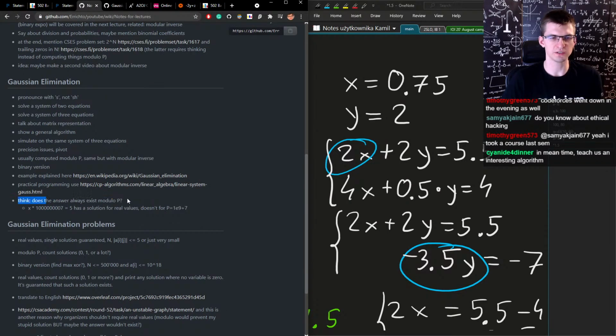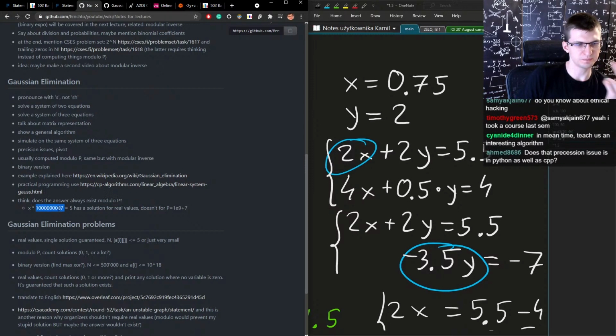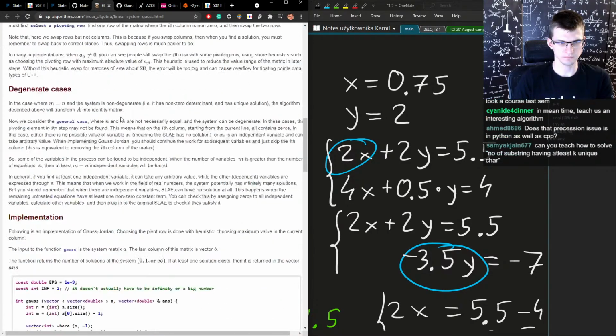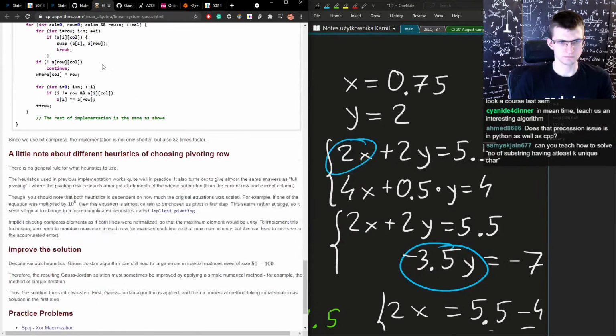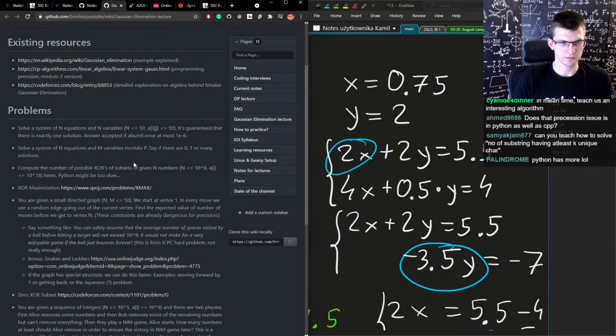Think, does the answer always exist modulo p? An example was where x should be equal to 5 over p, and then the inverse of p doesn't exist modulo p. Right.